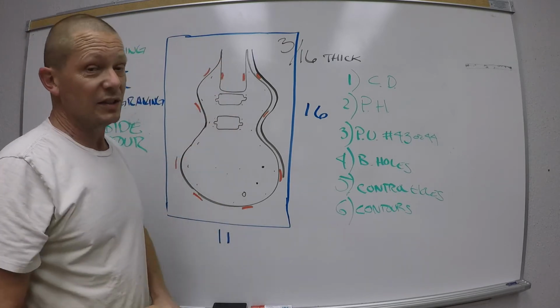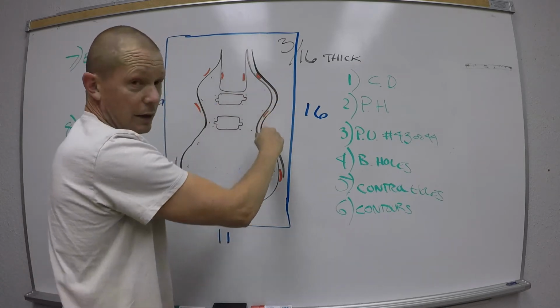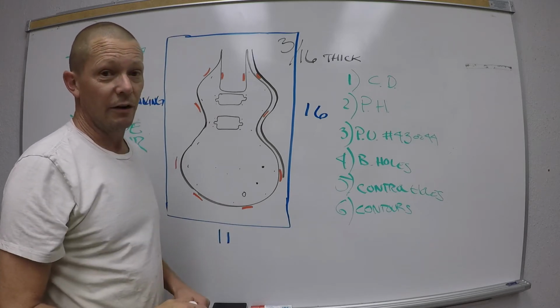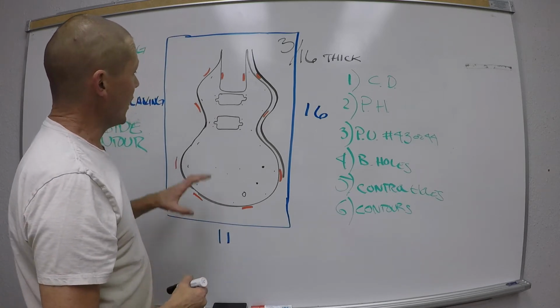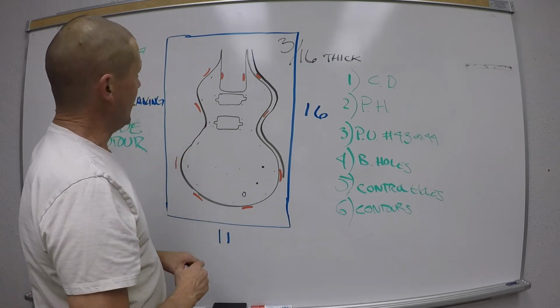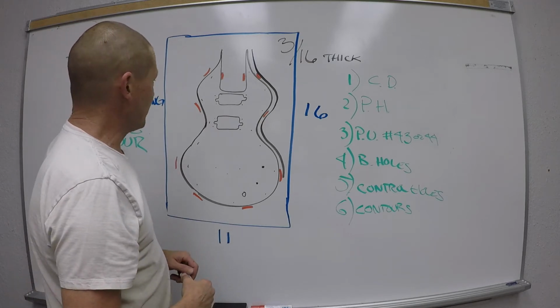What I would have had to do is draw this out, bandsaw it, and then clean it up with files and sandpaper. And that would have taken a very, very long time. So not only is this going to be perfect because it's CNC, but it will be done very quickly.